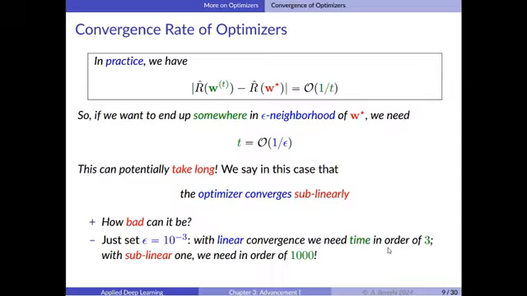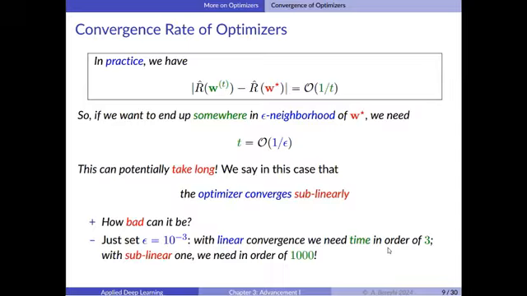If we set epsilon to 10 to the power minus 3 with linear convergence, we need time on the order of 3. By linear I mean the log of 1 over 10 to the power minus 3, which is the log of 10 to the power 3, and it would be 3.